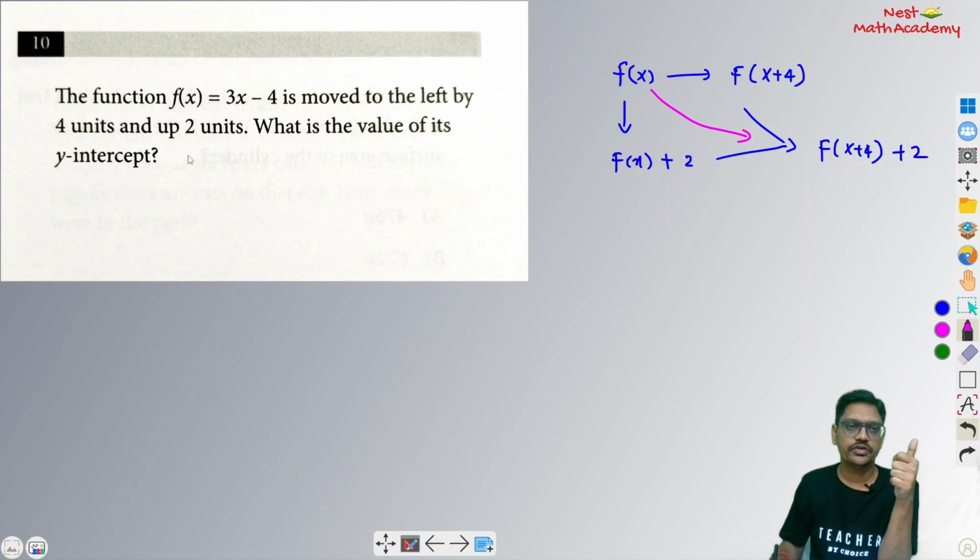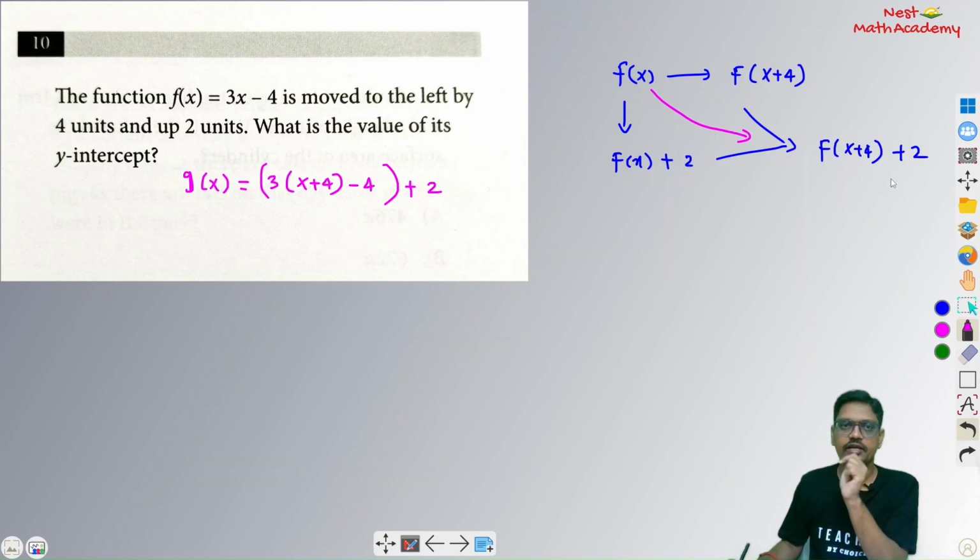So this is your f of x, and the new function g of x, let's say, is equal to: replace x with x plus 4, 3 times x plus 4, and this whole thing is added by plus 2.